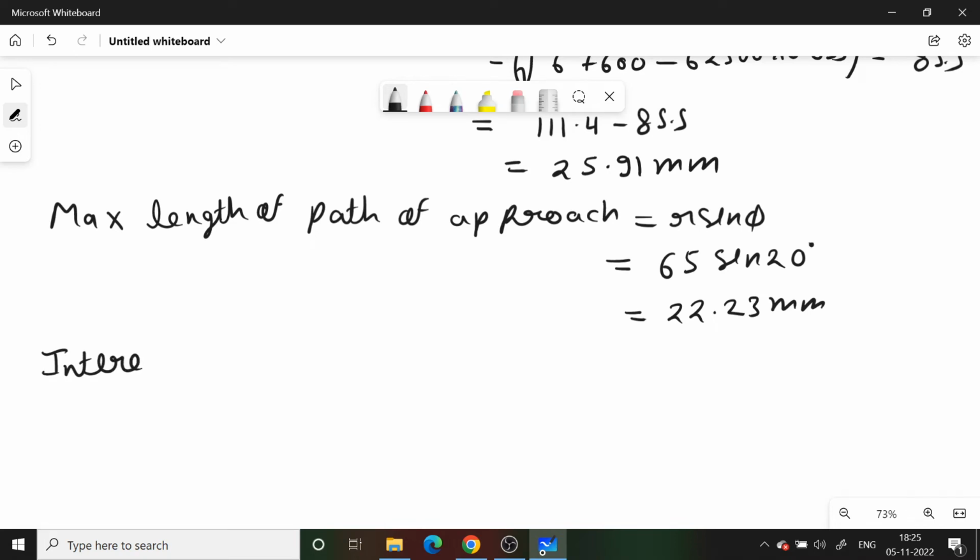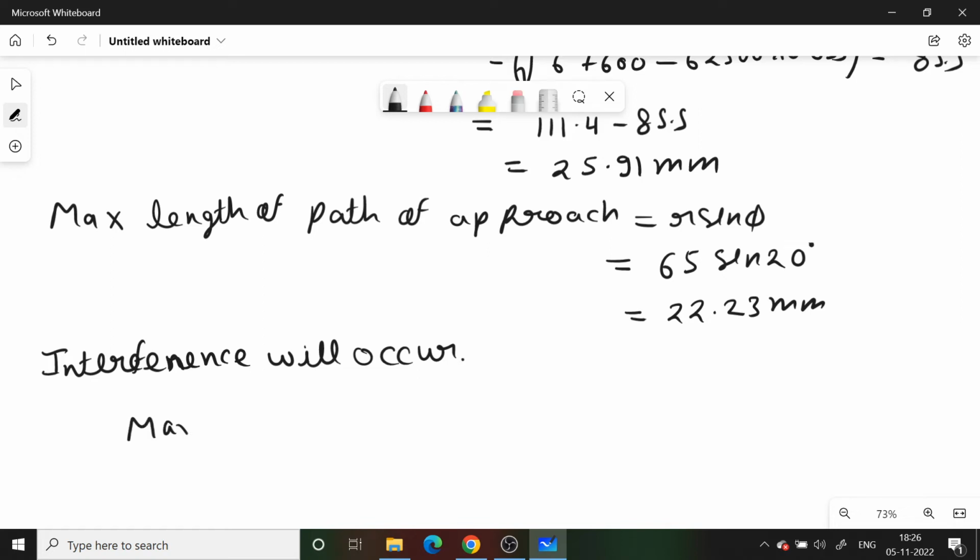So here interference will occur. Okay, now the interference will be eliminated if the maximum permissible length of path of approach is made equal to or more than the actual length of path of approach.